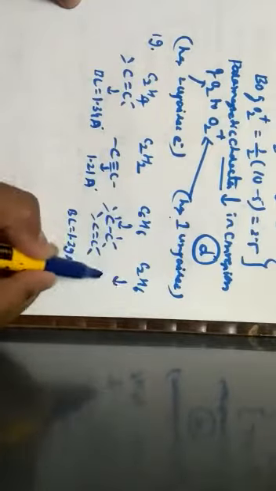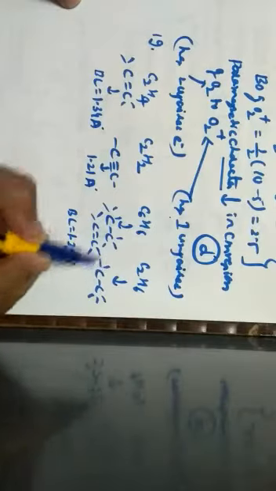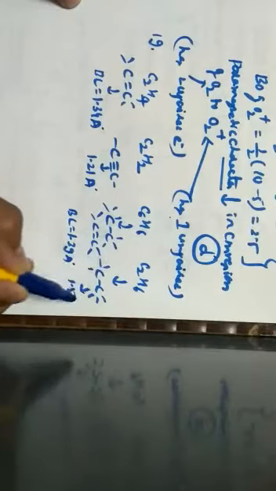And when it comes to C2H6, all bonds are saturated in this case, and the bond length is 1.54 angstrom. So here they are asking for the increasing order of carbon-carbon bond length.